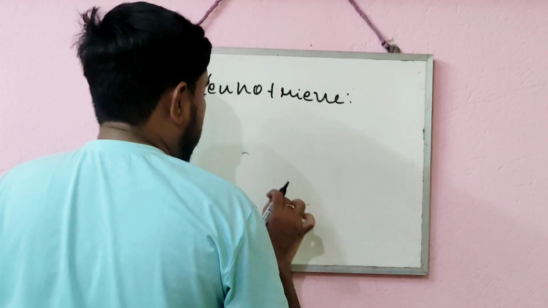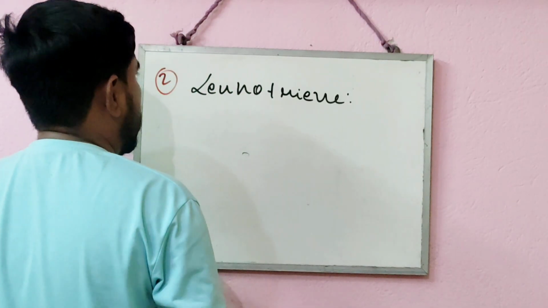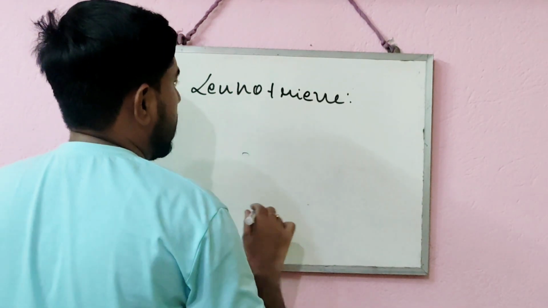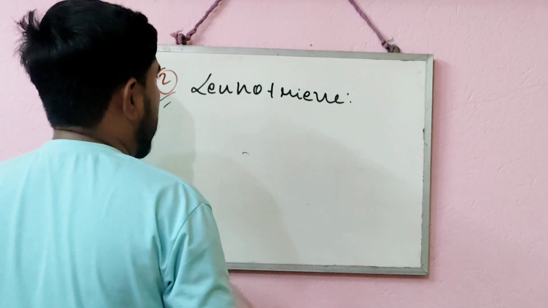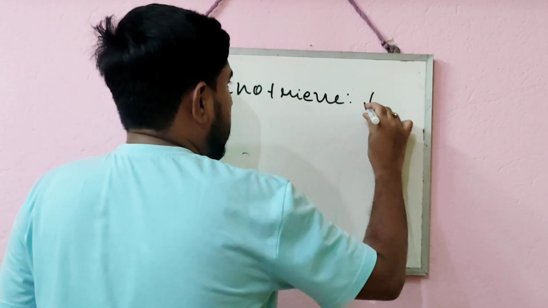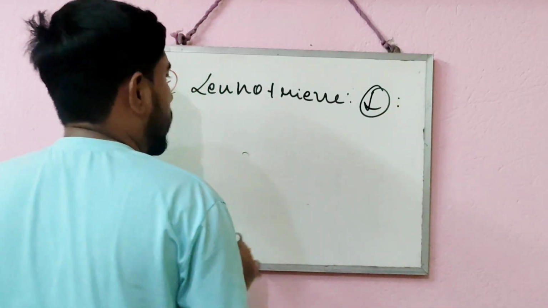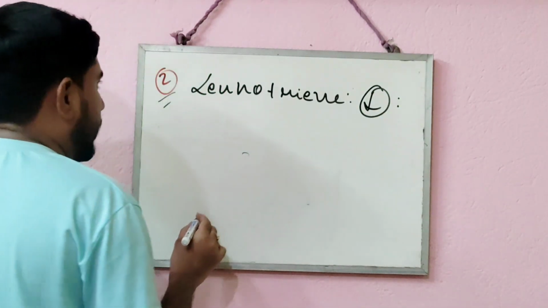I have already given that link in the description. So let's go into today's topic, the second classification of drug after bronchodilators, the leukotriene inhibitors. We are going to study the examples first.